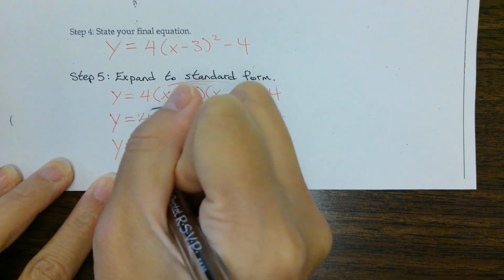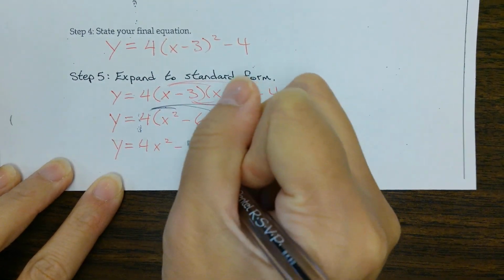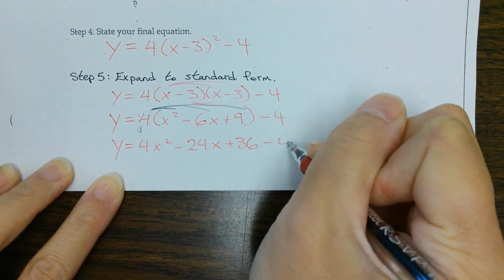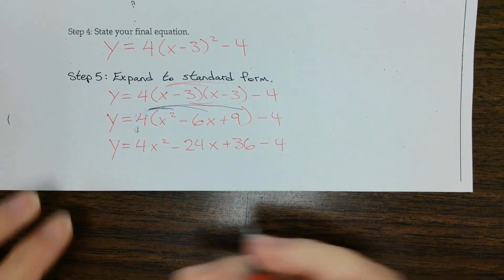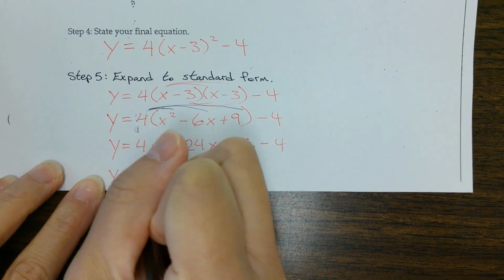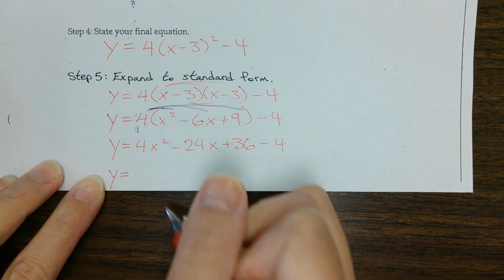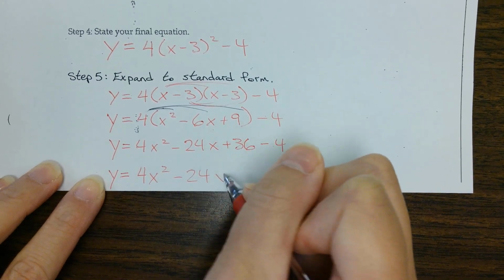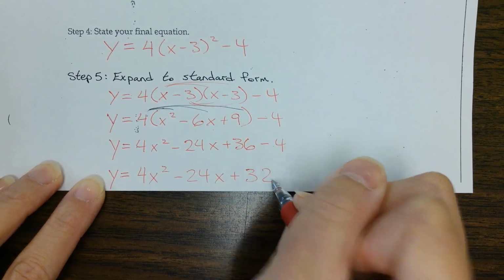So y equals 4x squared minus 24x plus 36 minus 4. So my final equation in standard form is y equals 4x squared minus 24x plus 32.